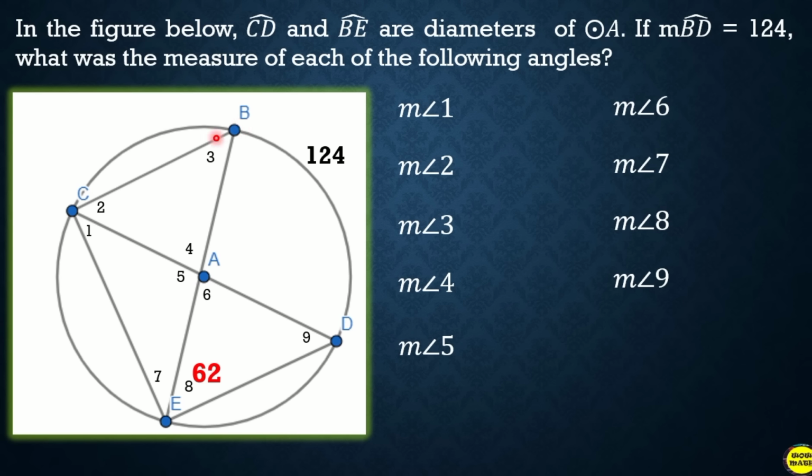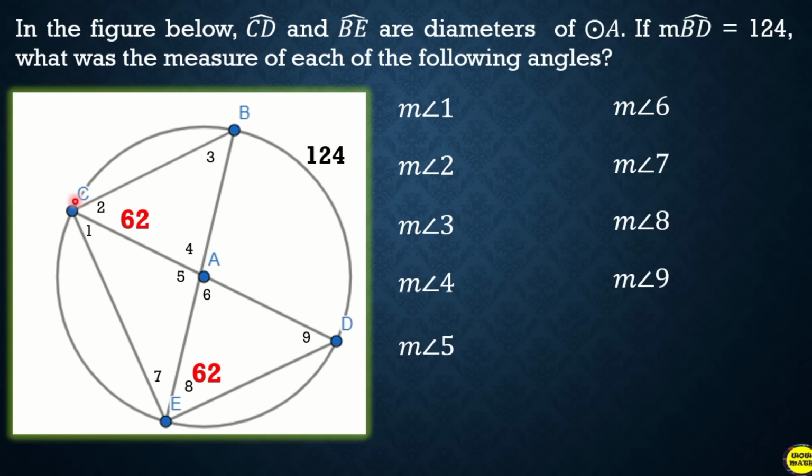At saka yung angle BCD natin ay inscribed angle, or yung angle 2 natin is inscribed angle. So, therefore, yung sukat ni angle 2 ay kalahati rin ni 124. So, therefore, that is 62. Ngayon, class, wala na tayong possible na makuha pang ibang measure.